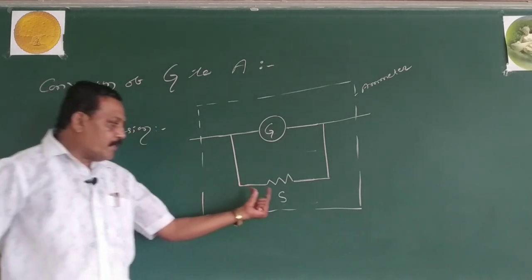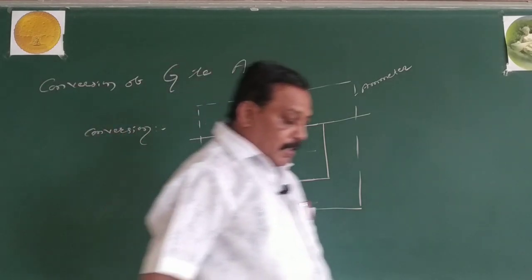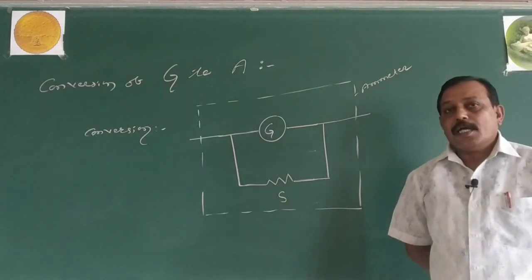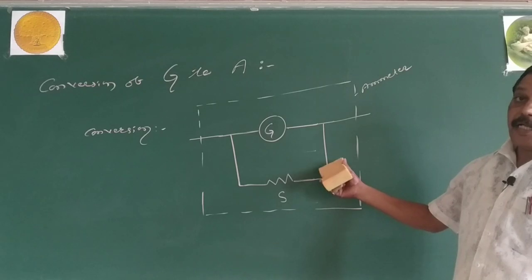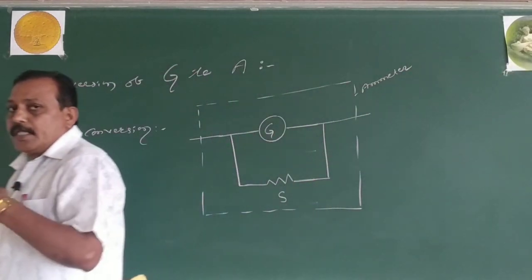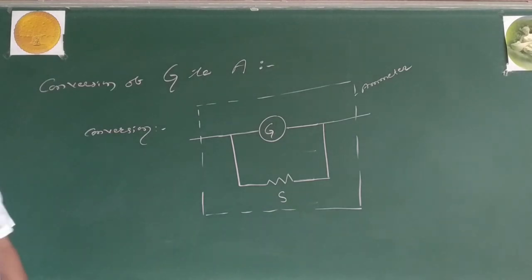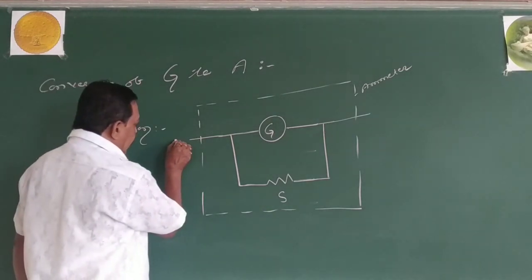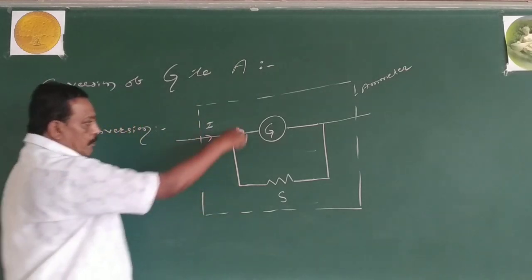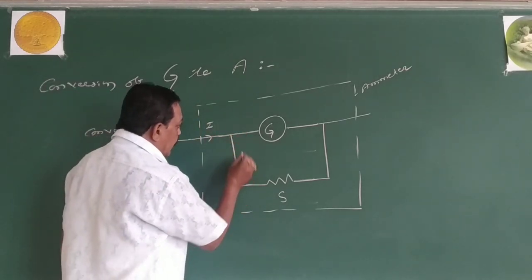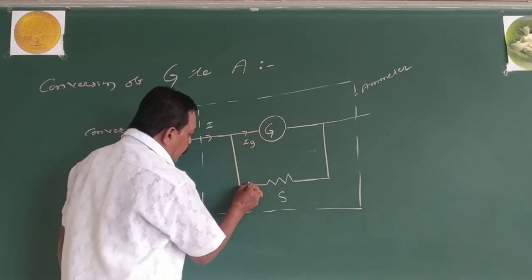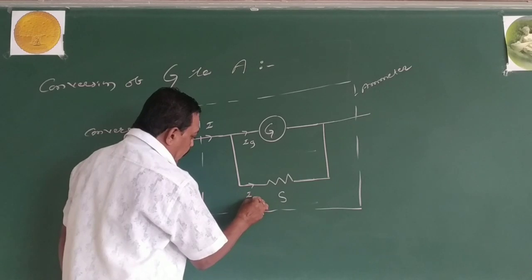Then what is the use of this shunt resistance? The shunt resistance increases the range of the galvanometer, and it acts as a protecting guard for the galvanometer. Now how does it act as a protecting guard? Suppose we pass the current I, the main current. Now this is a parallel combination, so the current divides: current through the galvanometer is Ig, and current through the shunt resistance is Is.